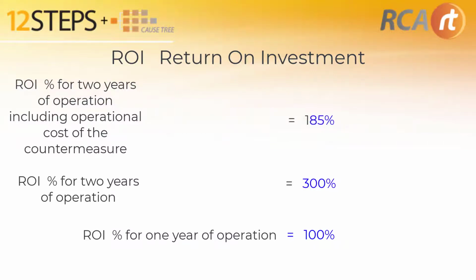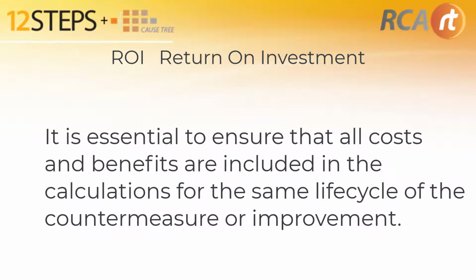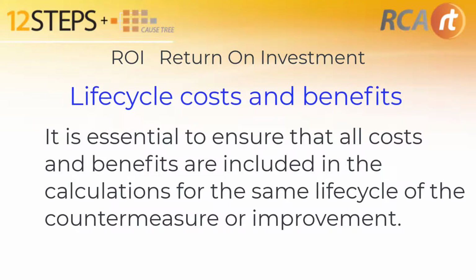So return on investment depends on the time period over which the estimates are made, and it is essential that the same time period is used both for the financial benefit and the full cost of the improvement. This time period is called the life cycle of the improvement.